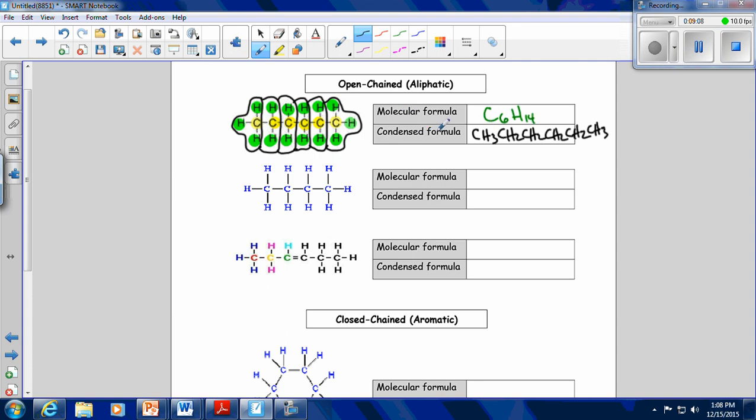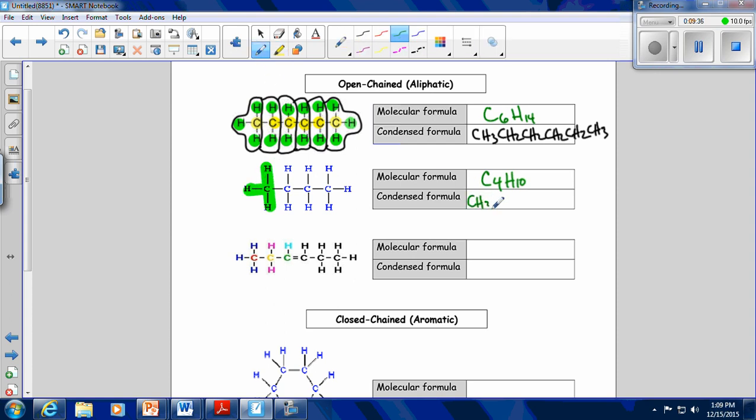All right, now next one. Let's take a look at what we have here. Molecular formula, count up the number of carbons that are present, C4, number of hydrogens that are present, H10. All right, let's take a look at the condensed formula. We have CH3 to start with.